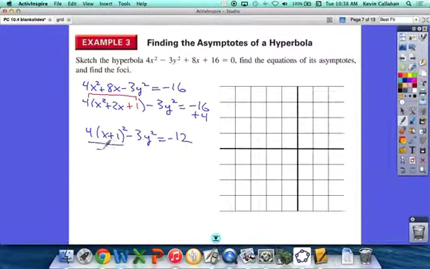Divide by negative 12, divide by negative 12, divide by negative 12. So now the first term is y squared divided by 4, minus x plus 1 squared over 3 equals 1.